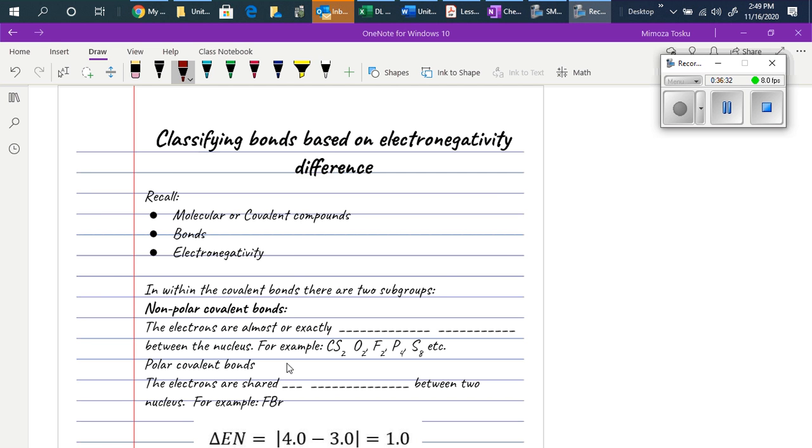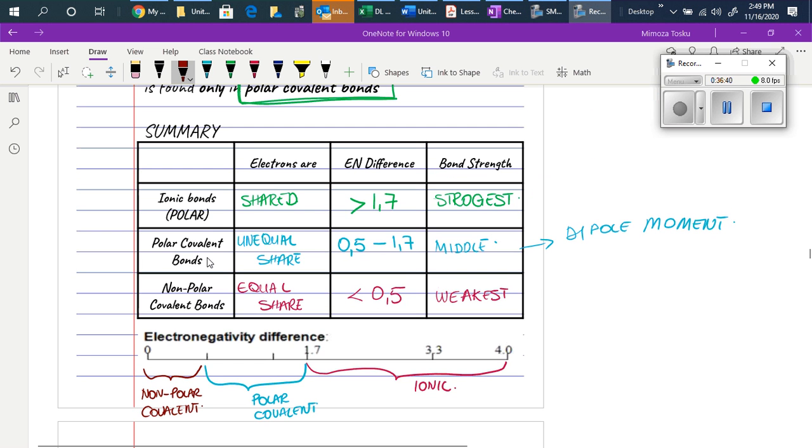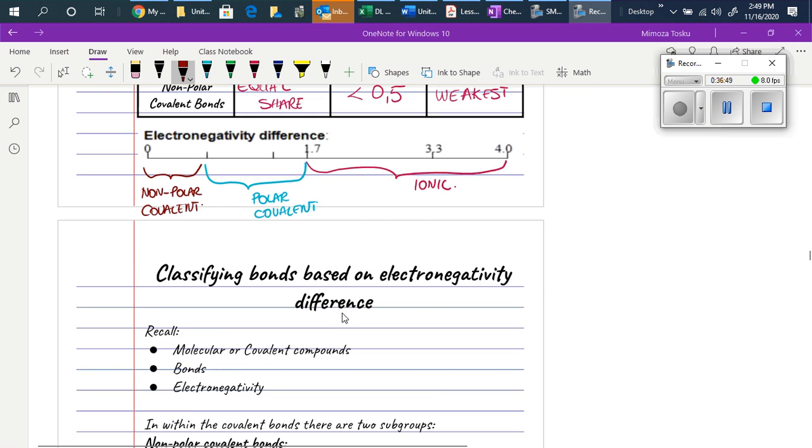When they are not equally shared, what is formed is known as a polar covalent bond, and when they are almost equally shared, then what is formed is a non-polar covalent bond.